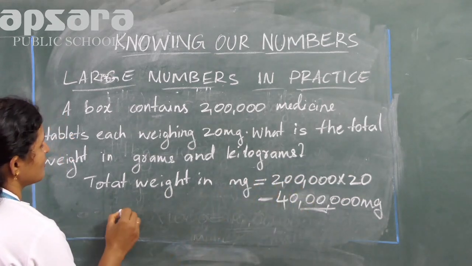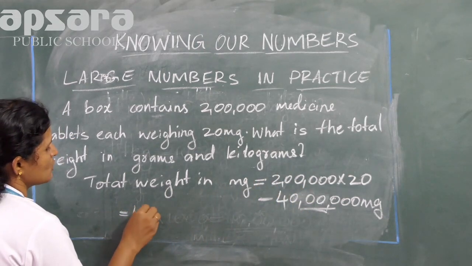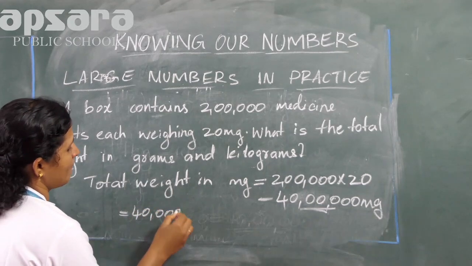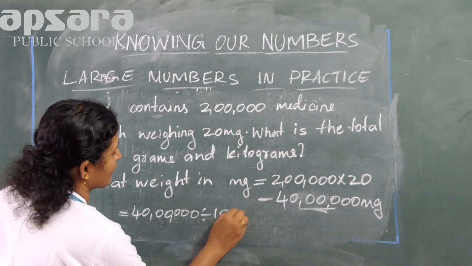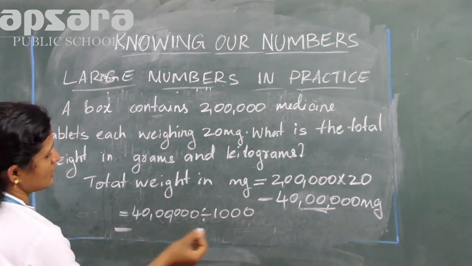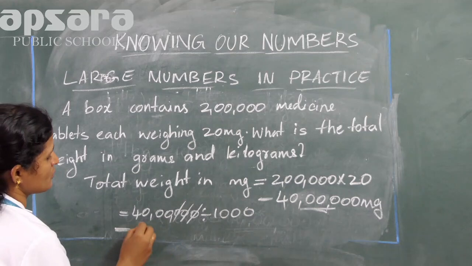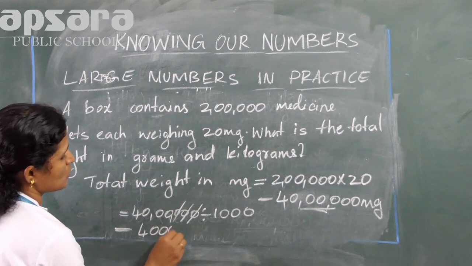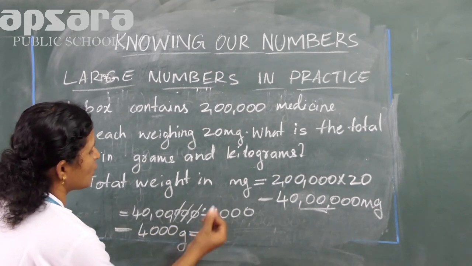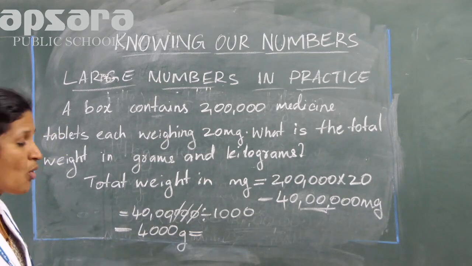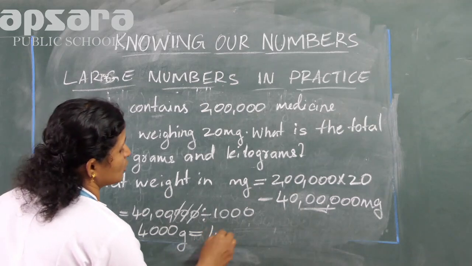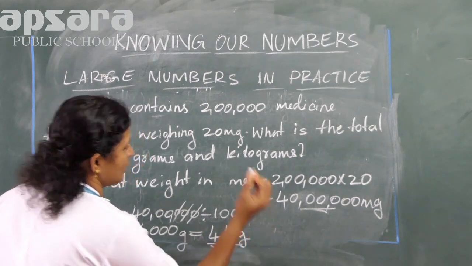So divide by 1000. So 40 lakh divided by 1000, cancel 3 zeros. So you get 4,000 gram. 1 kilogram is 1000 grams, right? So 4,000 grams is equal to 4 kilogram.